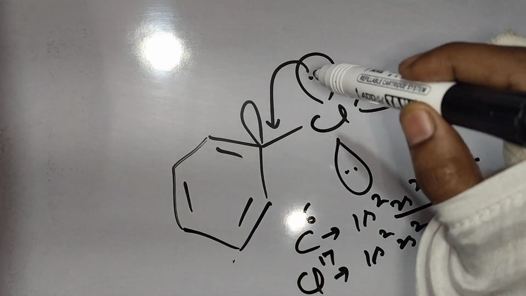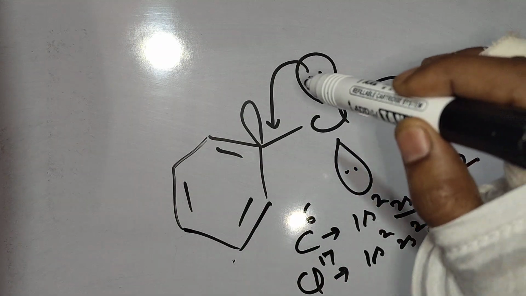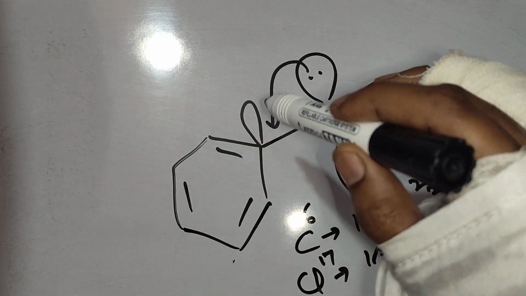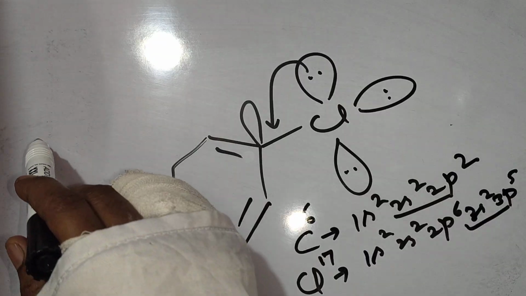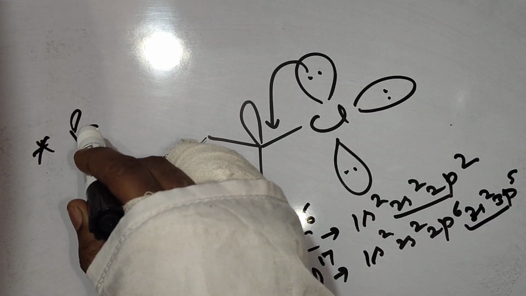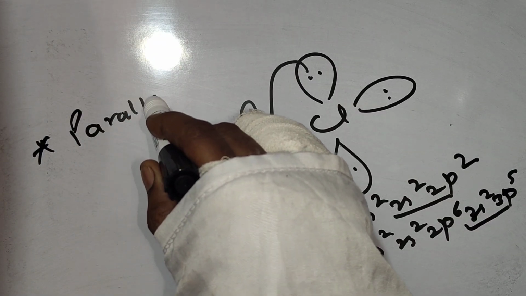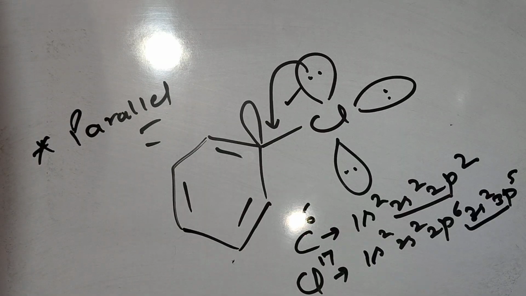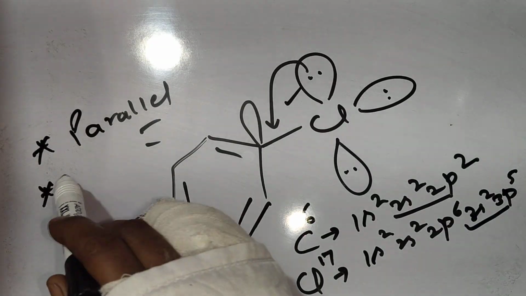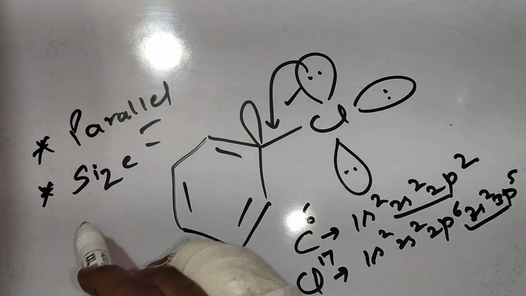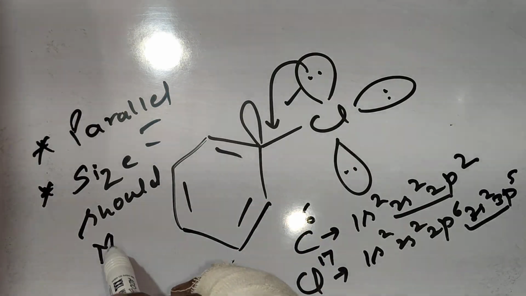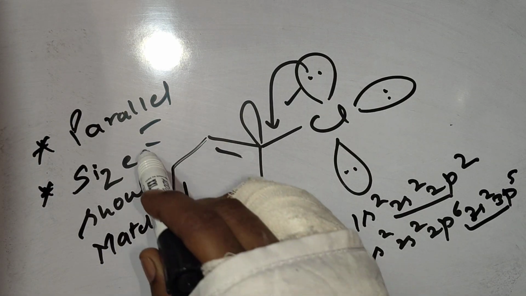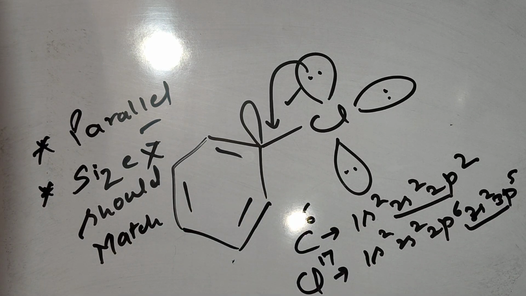That's why proper overlapping can't happen. That's why chlorine can't show plus R effect properly. For the proper plus R effect, I have told you two conditions. Number one, orbitals should be parallel, which they are, no problem. Second, size of orbital should match. It is not there because of atomic sizes.